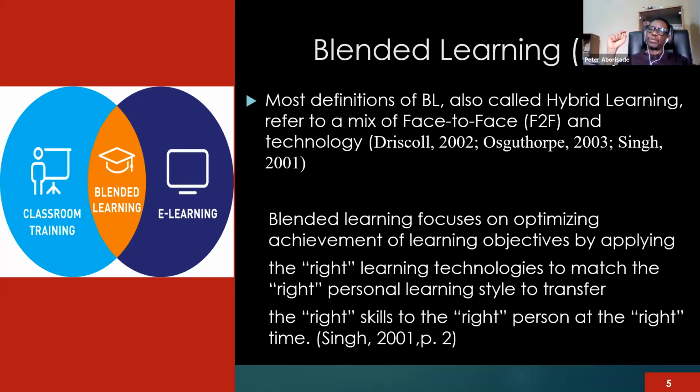And the approach we are recommending now is that of blended learning, where we blend the face-to-face classroom and online learning and bring both together to get what we call blended learning.